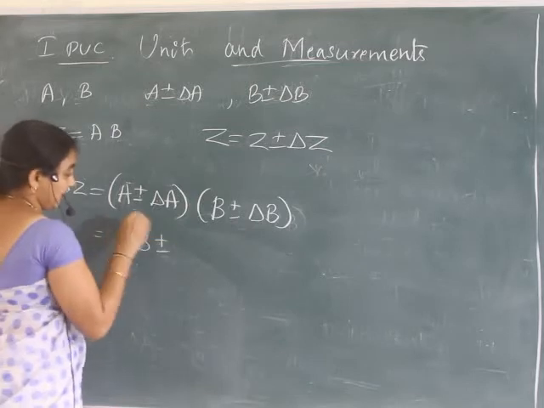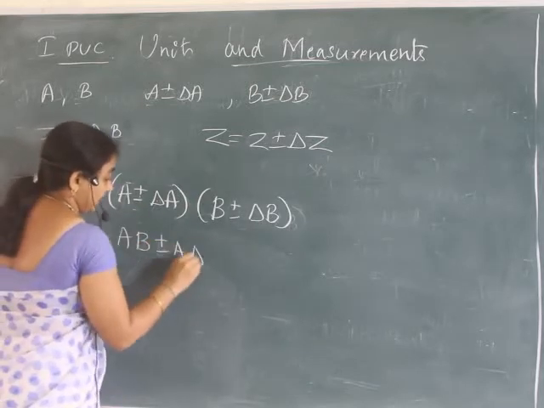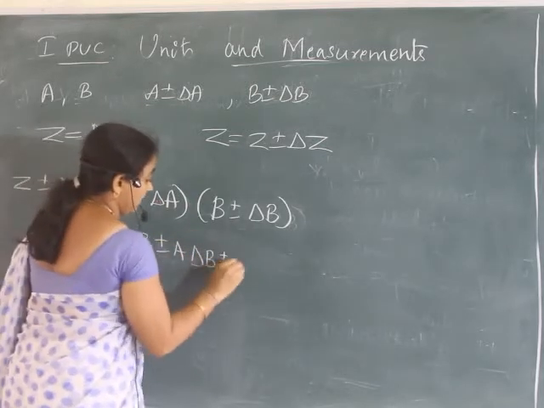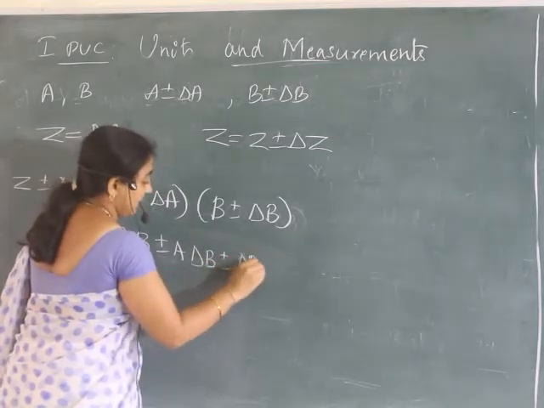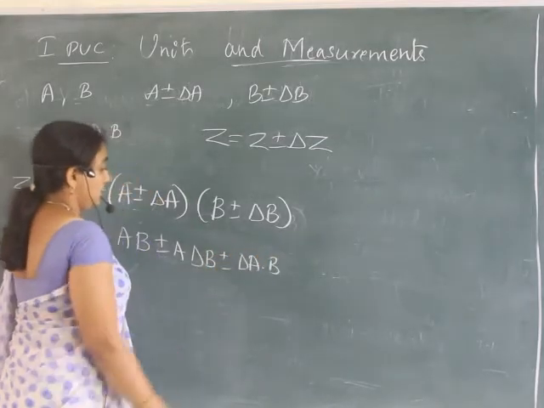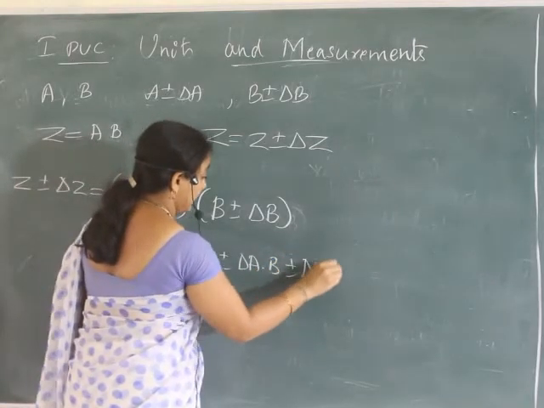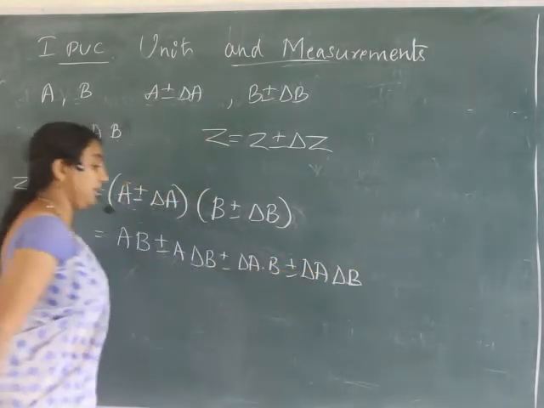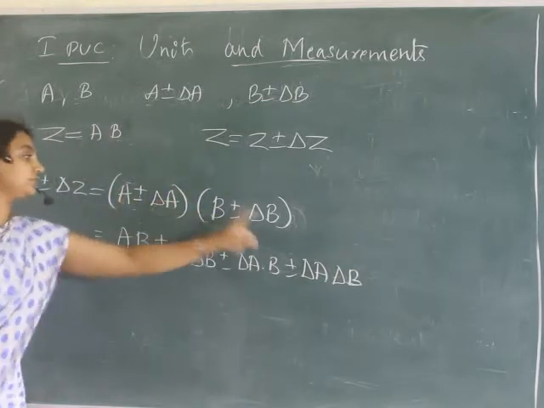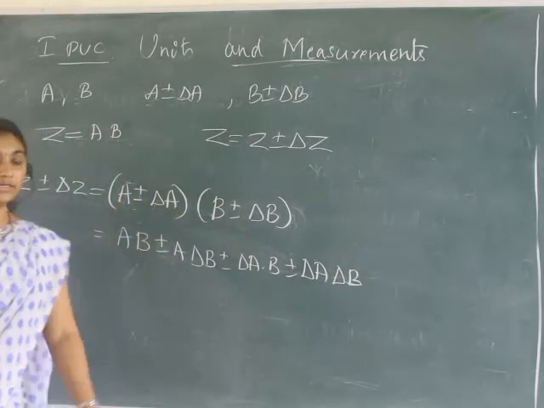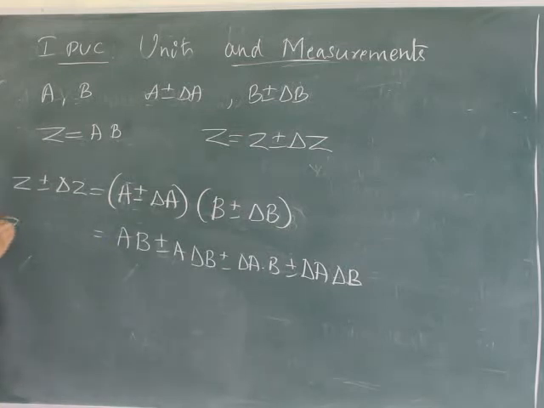So plus or minus A delta B, plus or minus delta A into B, then plus or minus delta A delta B, multiplying for each term. Correct? We'll get this equal to Z plus or minus delta Z. Next, what can I do? What is the next step?